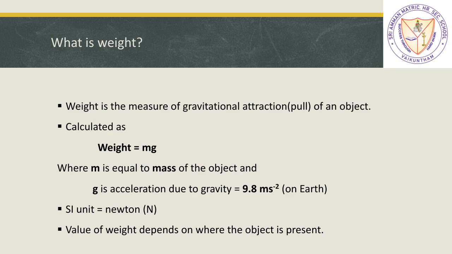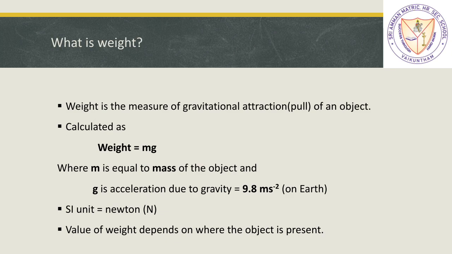We are all staying on the surface of earth due to this force. It is a kind of attractive force. The earth is attracting all objects towards it. Any object which has mass will be pulled towards the earth.